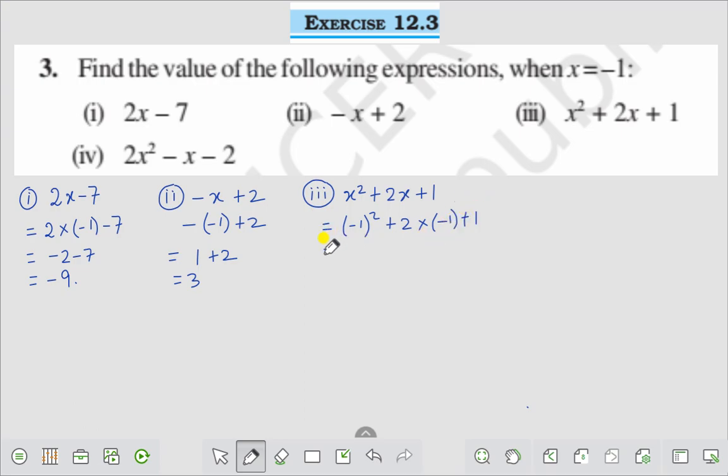That is minus 1 whole square is minus 1 into minus 1 is 1, plus 2 into minus 1 is minus 2, plus 1. 1 plus 1 is 2, that is 2 minus 2, that comes to 0, right? Therefore the answer of 3 is 0.